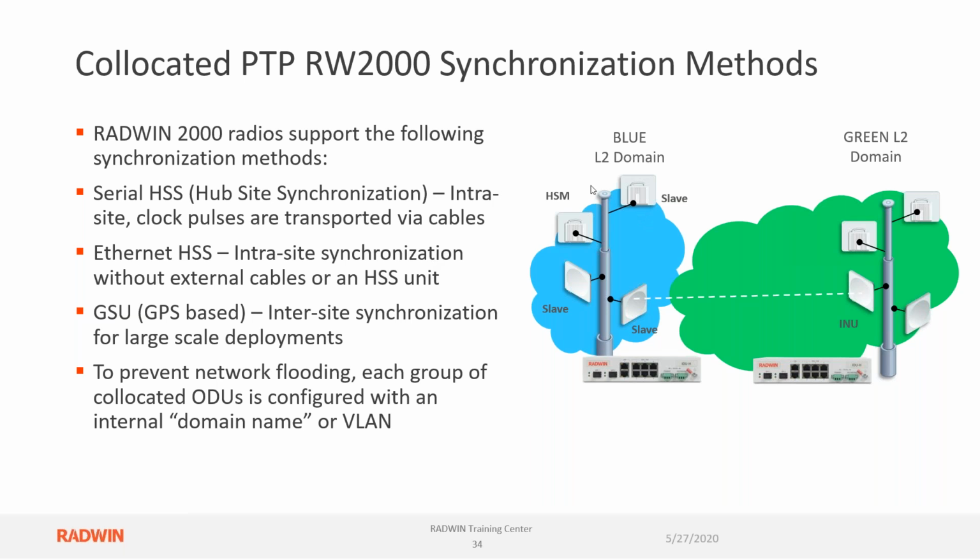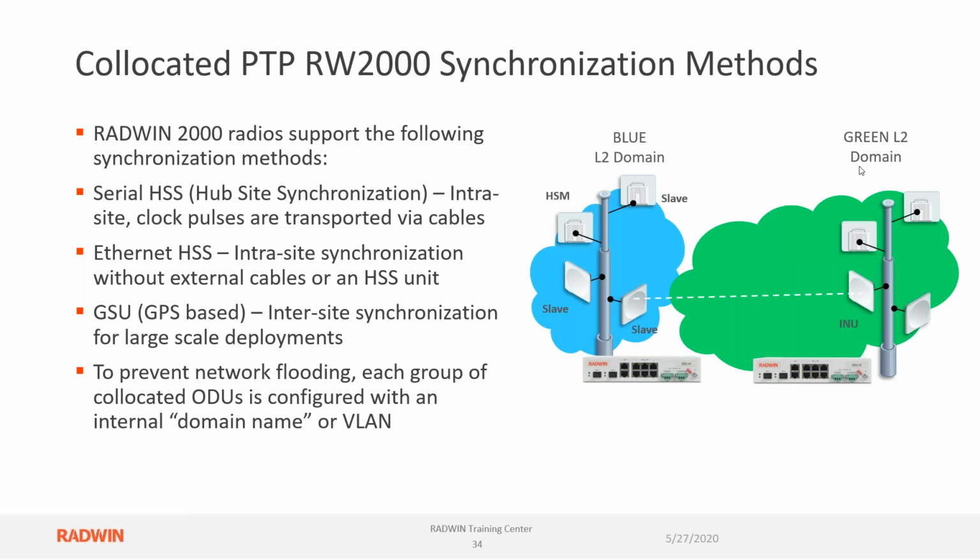Now, we can implement the synchronization with serial cables like the RS-232 cable, or synchronize over Ethernet, or synchronize with GPS, which we are going to discuss later when we discuss inter-site synchronization. To prevent network flooding, each group of collocated ODUs is configured with an internal domain name or a VLAN.